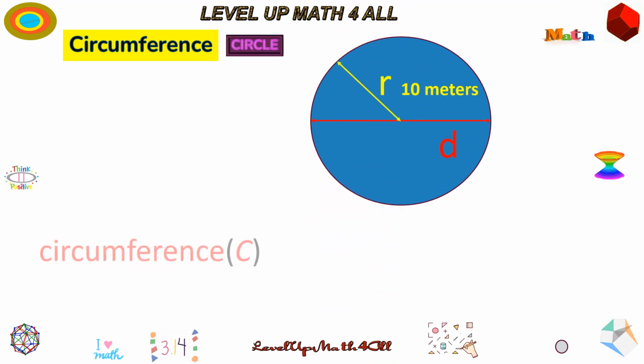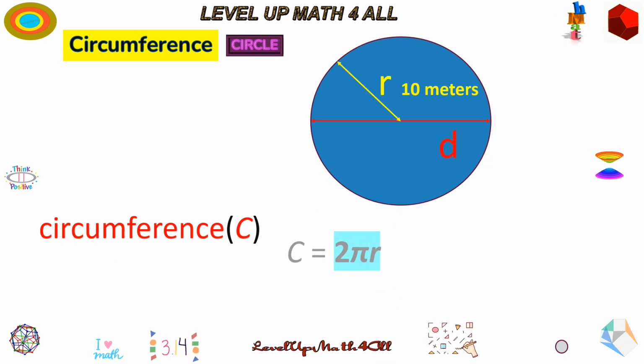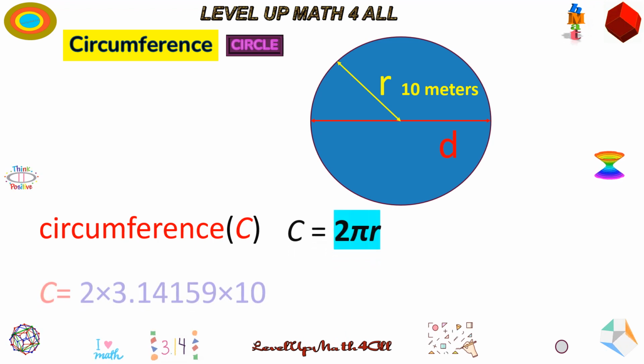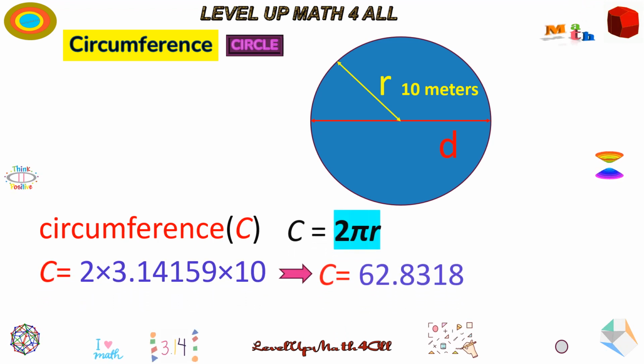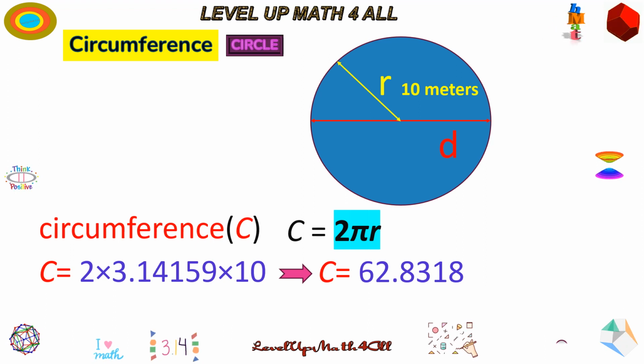Let's see what the graphical representation looks like. We have a radius. How much is the radius? The radius is 10 meters. As I mentioned, the radius goes from one edge to the center of the circle. That is half of the diameter. So here, the radius is 10 meters, and the formula is 2 pi r.